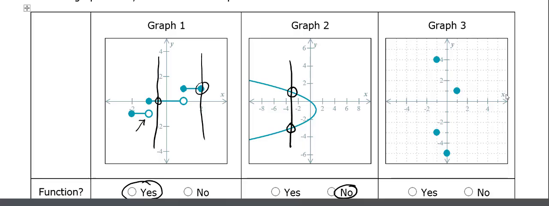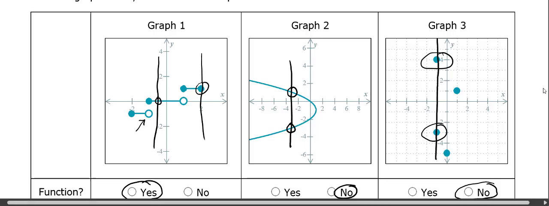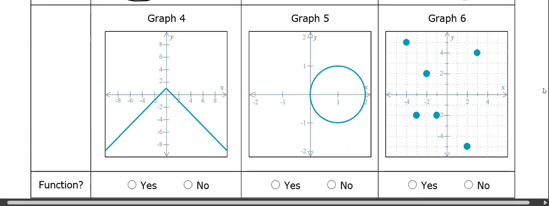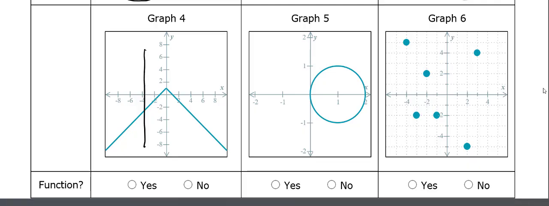Again, using a vertical line, I notice if I drew the vertical line at x equals -1, it intersects two different points. Therefore, this is not a function. Graph 4. Again, there is no place that I draw a vertical line and it will intersect this graph in more than one place. So yes, this would be a function.